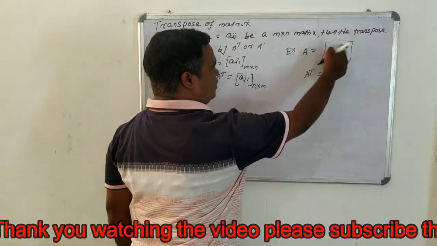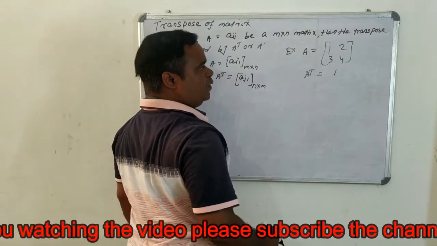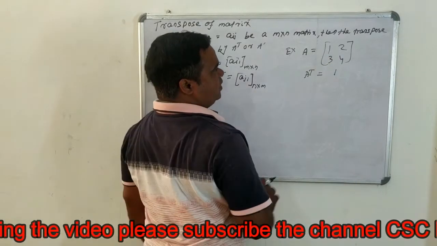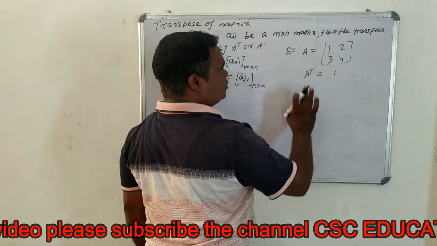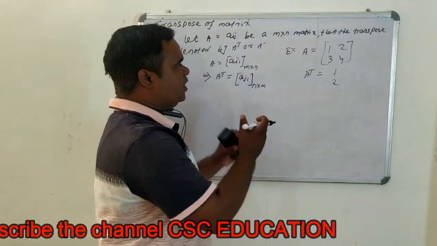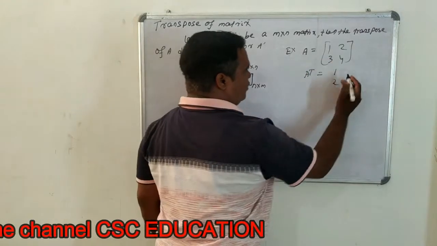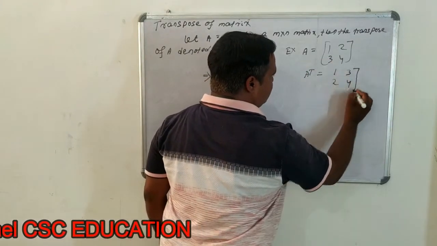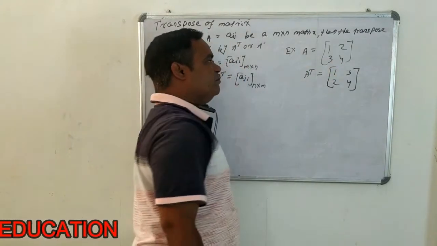Here 1, 2 is one row, 3, 4 is another row. So A transpose: the first row 1, 2 is converted into a column, then 3, 4 becomes the next column. That is the transpose of a matrix.